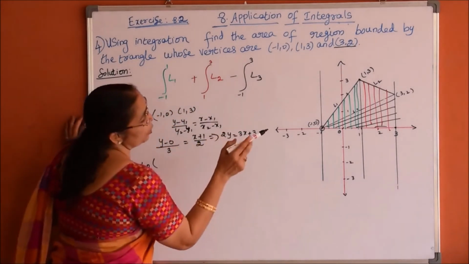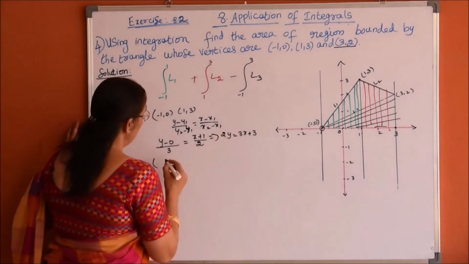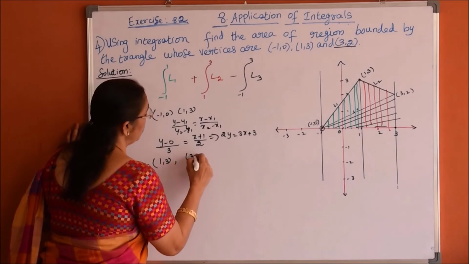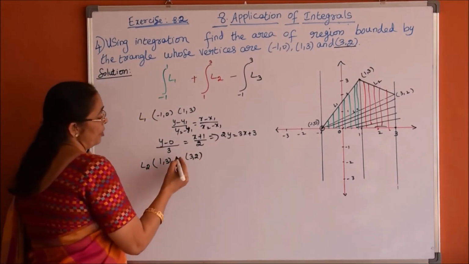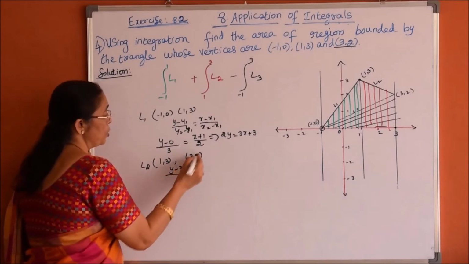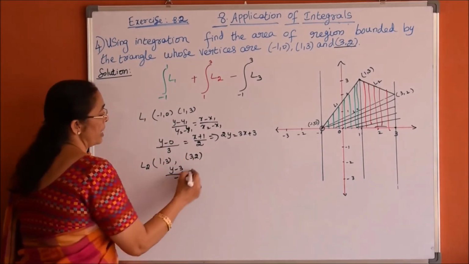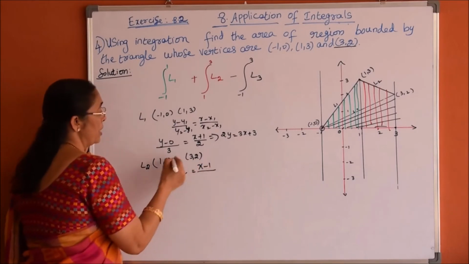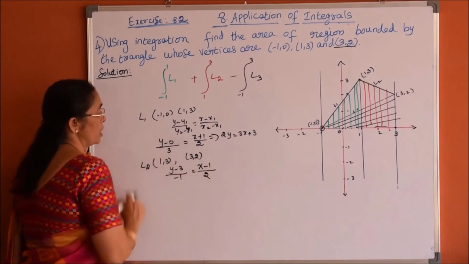Now, coming to the L2 equation. Straight line L2 is passing through 2 points. The 2 points are 1, 3 and 3, 2. Equation of L2: y minus 3 divided by y2 minus y1, 2 minus 3 is minus 1, is equal to x minus x1, x minus 1 by x2 minus x1, 3 minus 1, 2.